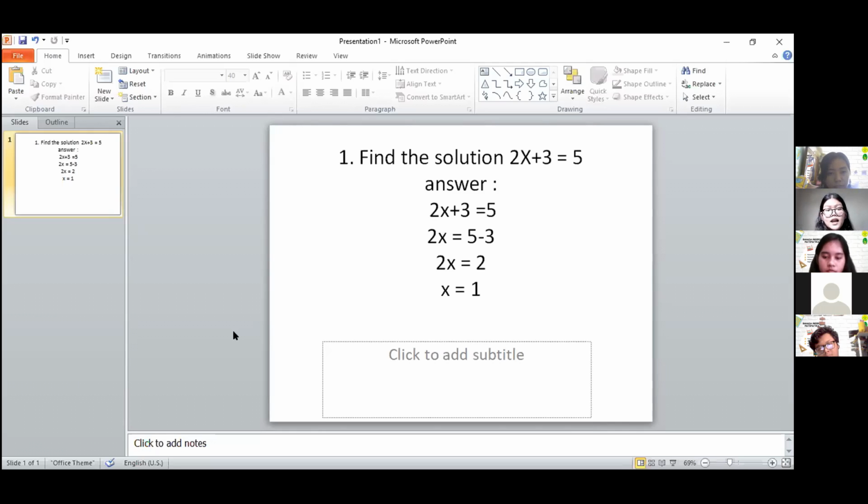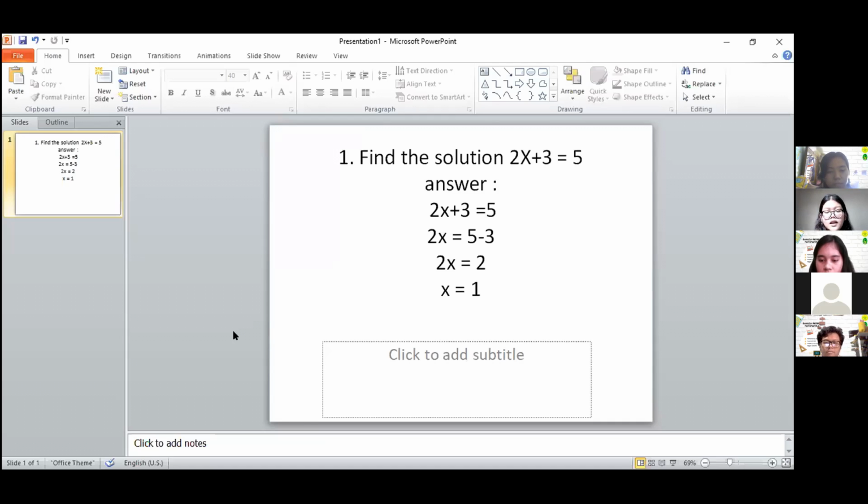For the next step, we already know that 5 minus 3 is equal to 2. So 2 times x is equal to 2.